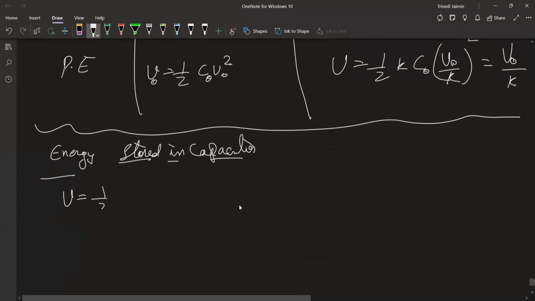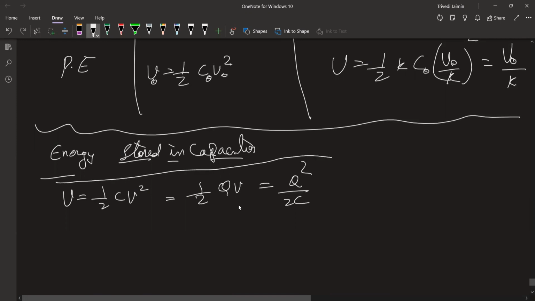U equals half C V squared. Other formula, Q equals C V, so we can say Q V. Other formula, Q squared by 2C. These three formulas are there for the electric potential energy.